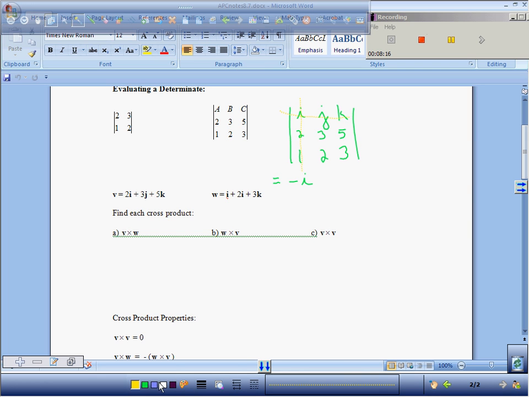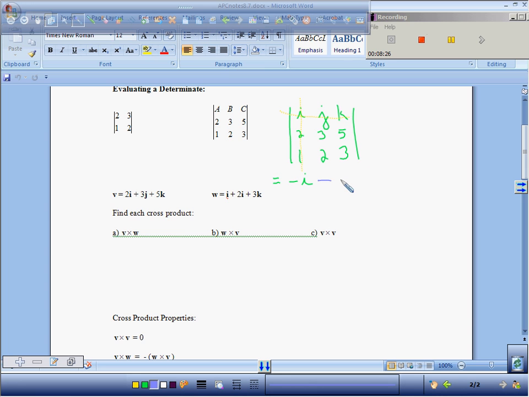Then I go to my next column, and it goes plus, minus, plus. So the next one's going to be minus 2 times 3 minus 1 times 5.